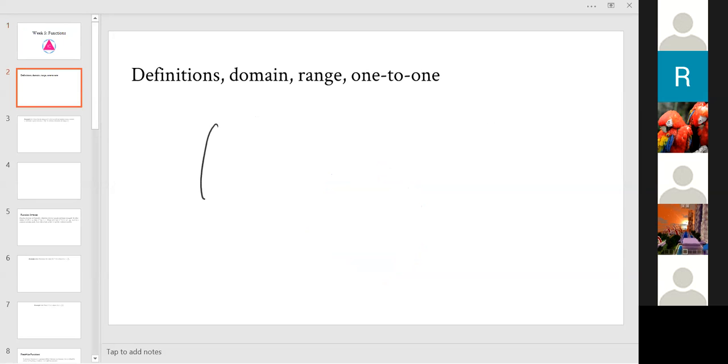So basically we have two sets, A and B. So A is a domain and B is the range.